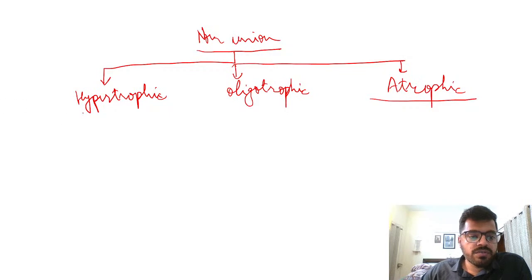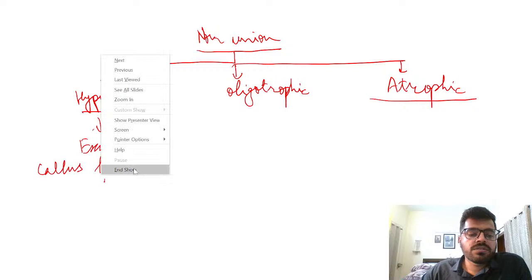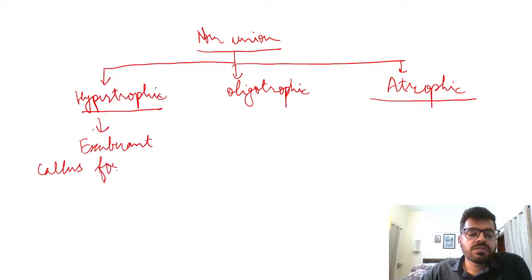Hypertrophic non-union means that there was exuberant callus formation, but the fracture did not unite.